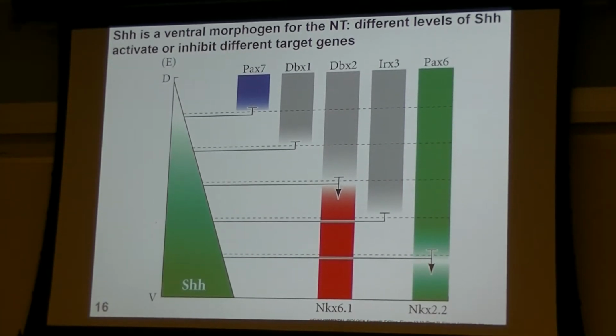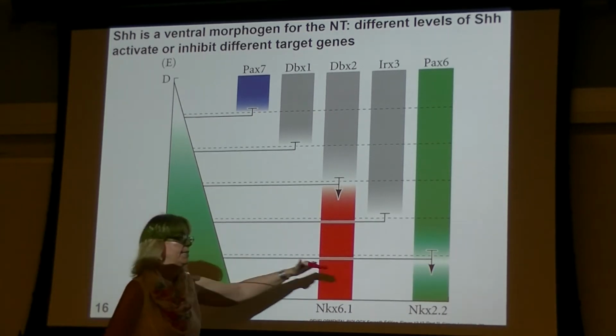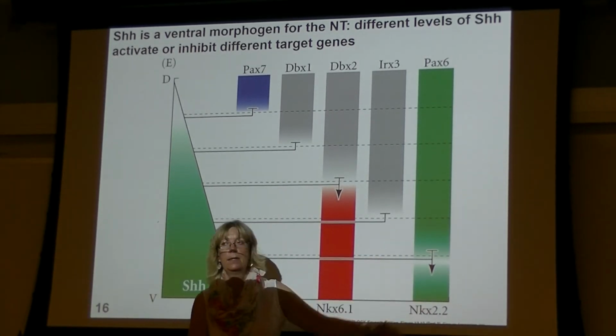So here's another parallel to what was going on with Drosophila. When we had these different gradients, we said that the gap genes were responsive to different thresholds of a particular morphogen. So some gap genes need at least this much or higher to turn on, and you can find genes that need at least this much sonic hedgehog or more to turn on.